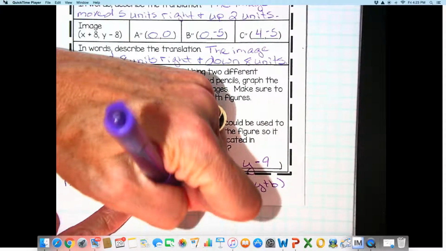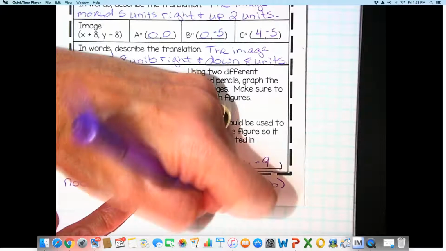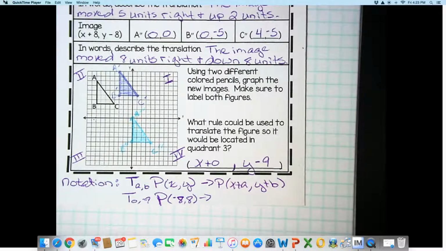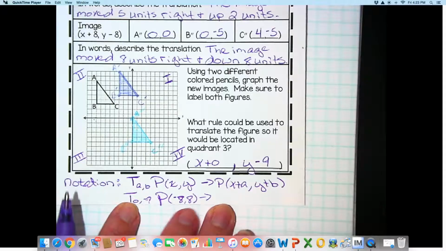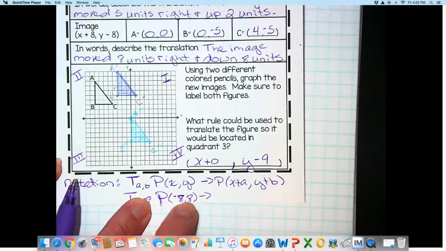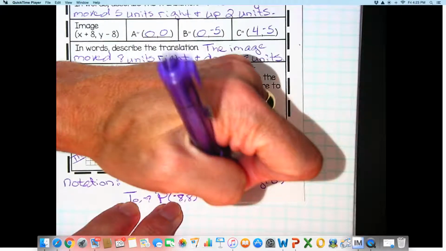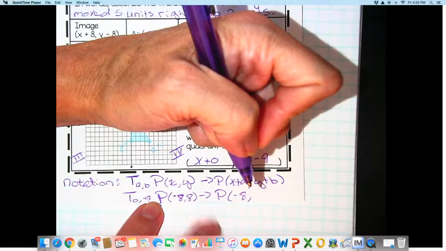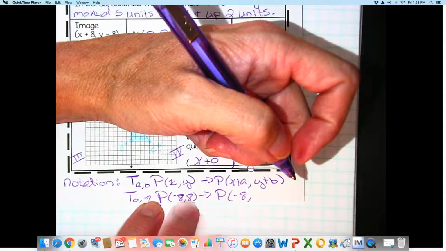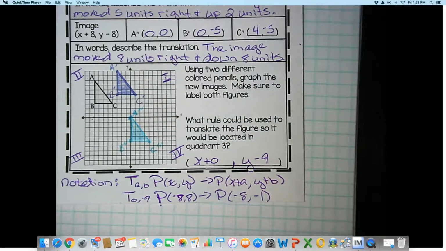So what that tells me, if I read this correctly, is I'm going to add 0 to the -8, and I'm going to subtract 9 from the Y, or this 8 right here, which is my Y. If I perform that translation, then this one becomes -8, and this one becomes 8 minus 9, which is -1. And that's how you do that, okay?